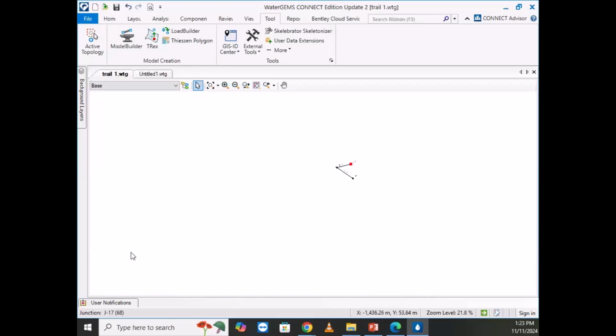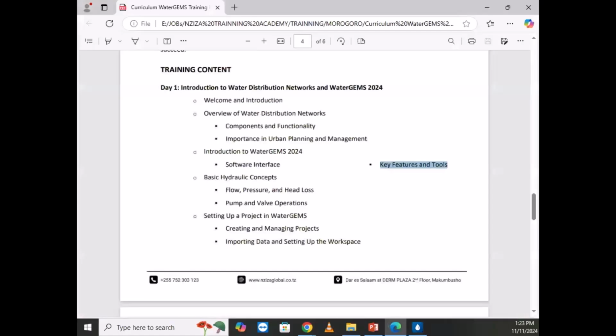I think we can have lunch, and after lunch we will be having the basic hydraulic concepts, also some concepts of hydraulic designs, the flow, pressure, hydraulics, pump, and valve operations, and for us tomorrow to start up with setting up a project in WaterGEMS.